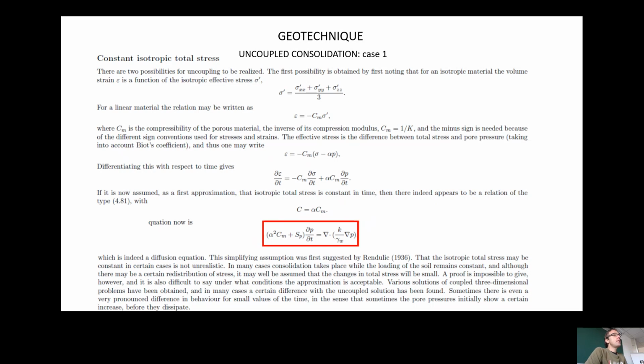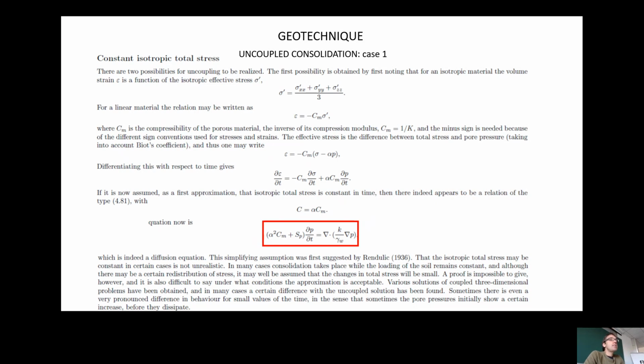So if we consider a linear material, this relationship can be rewritten with epsilon equal to the compressibility, that is 1/K, that multiplies the isotropic effective stress, with a minus sign that is needed because of the different sign convention used for stress and strain, in particular for compression.